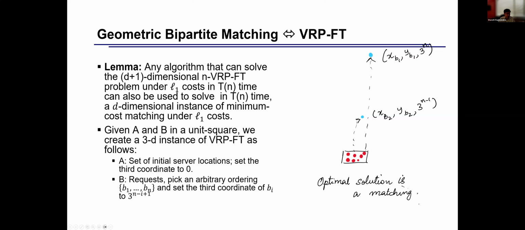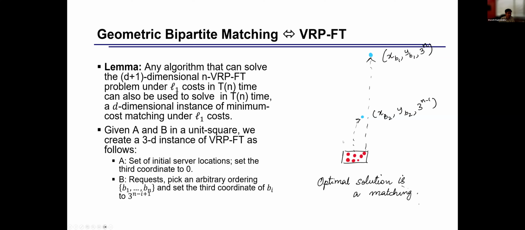So they're closer. The servers in the initial configuration are closer than the distance to the first request. So the server that serves the first request will not serve the second one. In fact, it will be a different server. And you can continue this argument and show that every request is served by a different server.